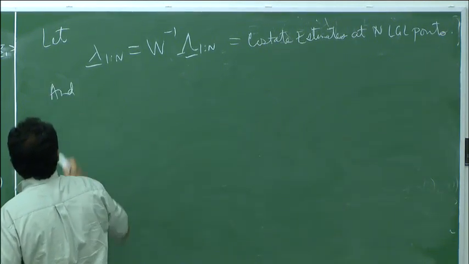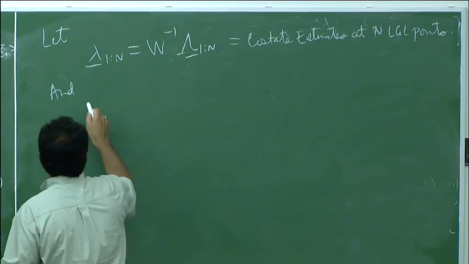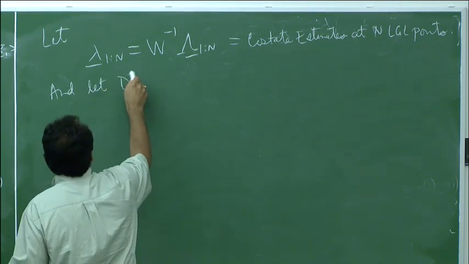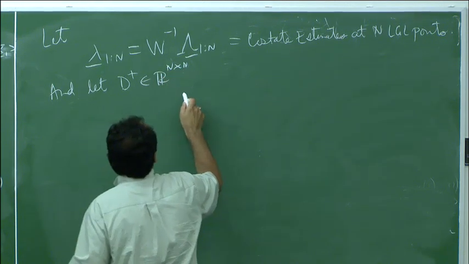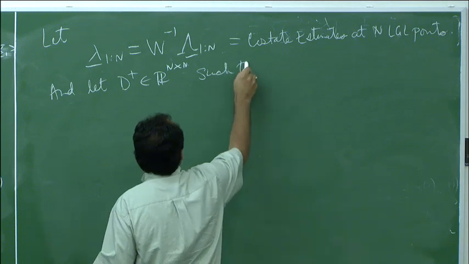And we're going to define the following matrix. Let D dagger be another matrix of size n by n such that the following is true.